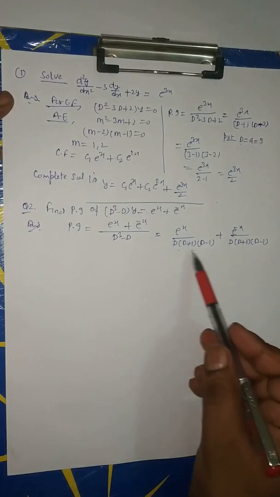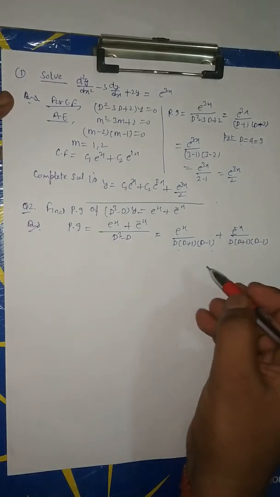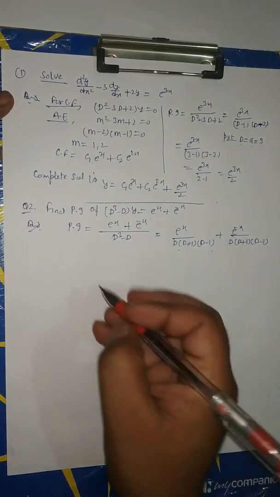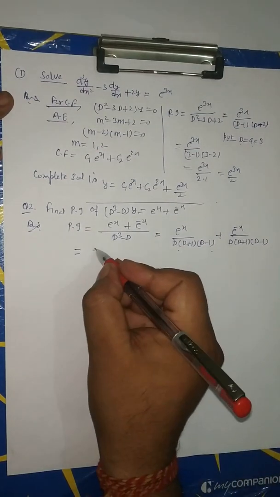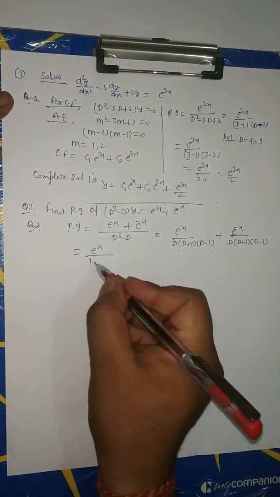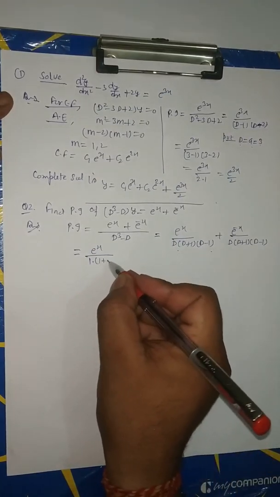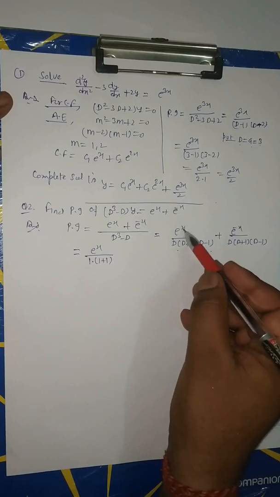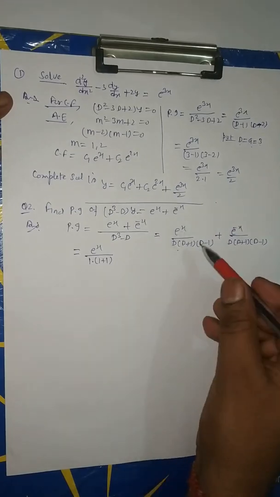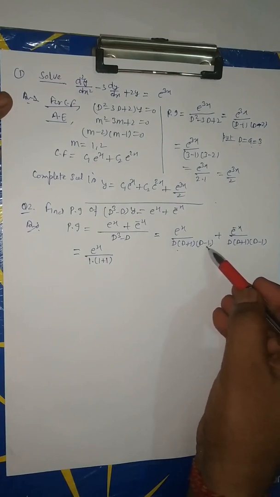Factorize this: (D plus 1)(D minus 1). Now the method of e to the power ax, D equal to a. Now for e to the power x, where a is the coefficient of x, that is 1, by putting D equal to 1 in this, we get 0.